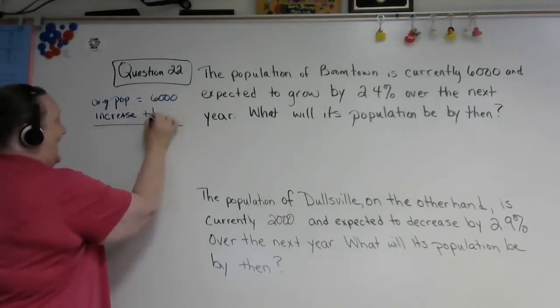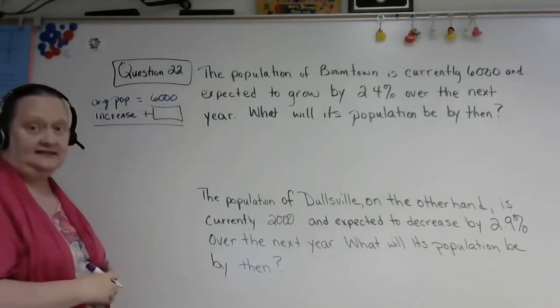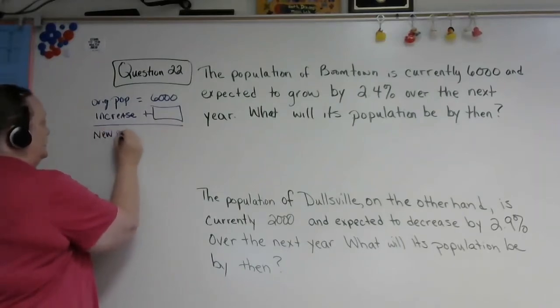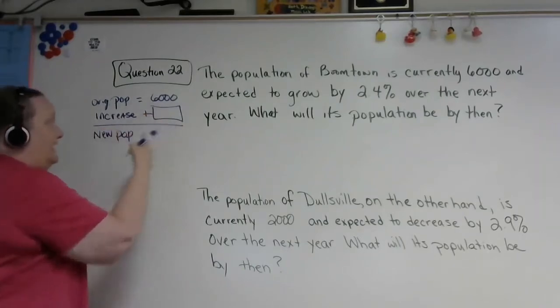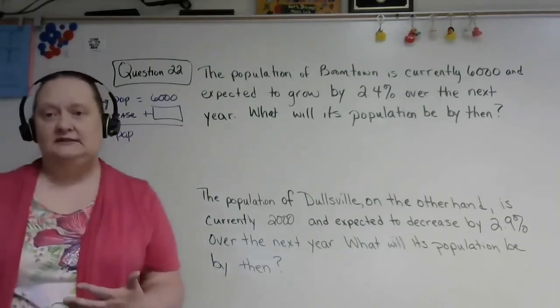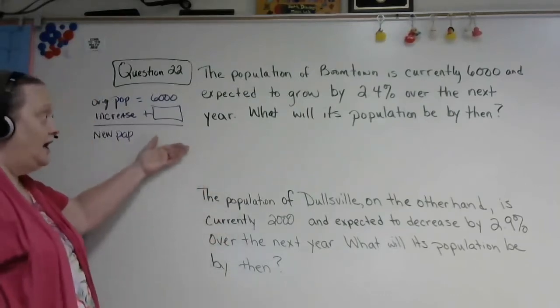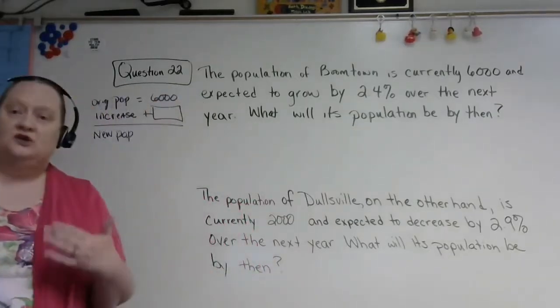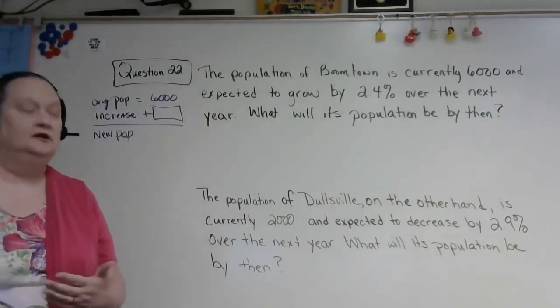So we're going to add some number to 6,000 to get a new population. So we're going to find an increase, add it to 6,000, and this new population is what we're looking for.